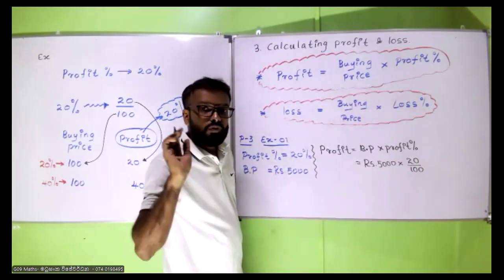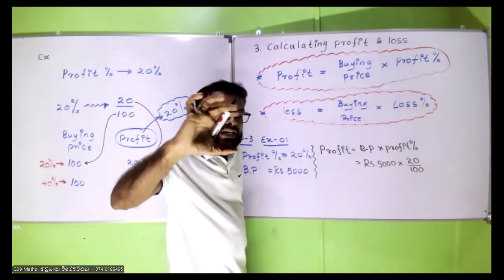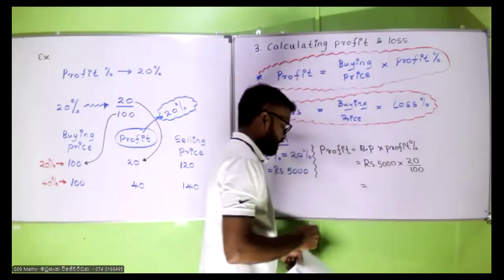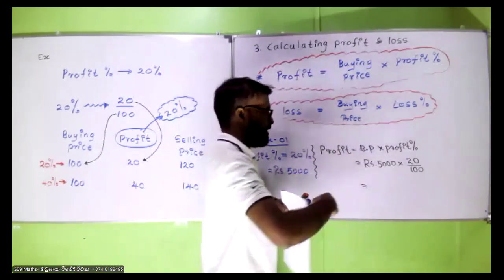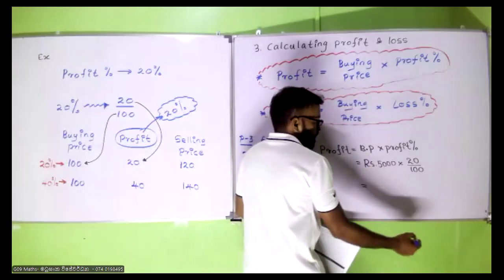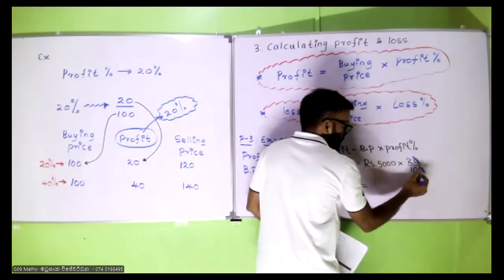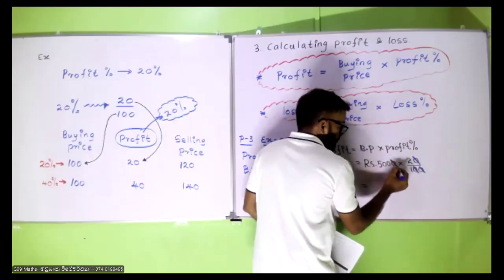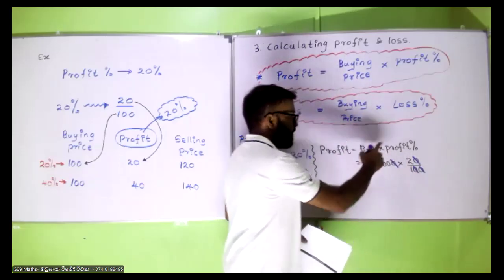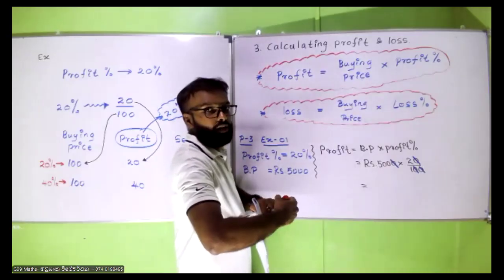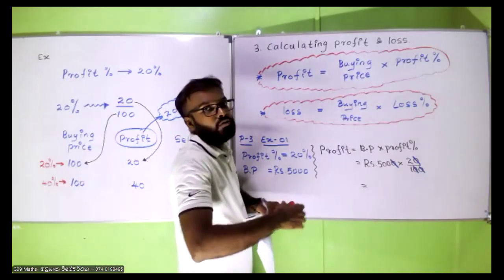Alright, now you are going to find the clear profit. Simplify this: simplify the numerator and denominator. Zero to zero, zero to zero. 2 times 500, 5 times 2, 500 times 2, 1,000.